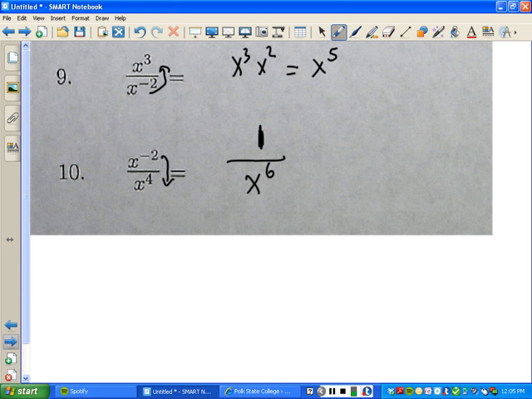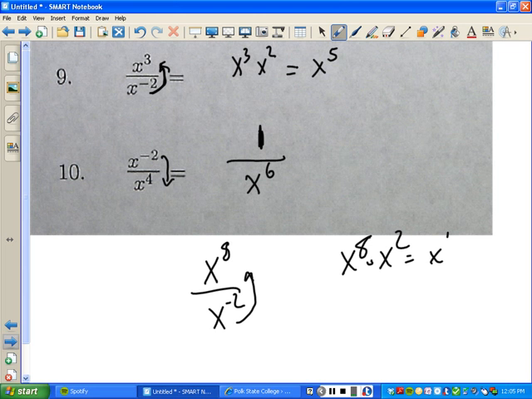Turn the negative exponents positive first, and then make your decision on what you're going to do. So if you have x to the 8th over x to the negative 2, get that negative 2 positive first. And if they ended up where you would subtract them, you'd go ahead and subtract them. But since in this case they're multiplying, you'd add them together.